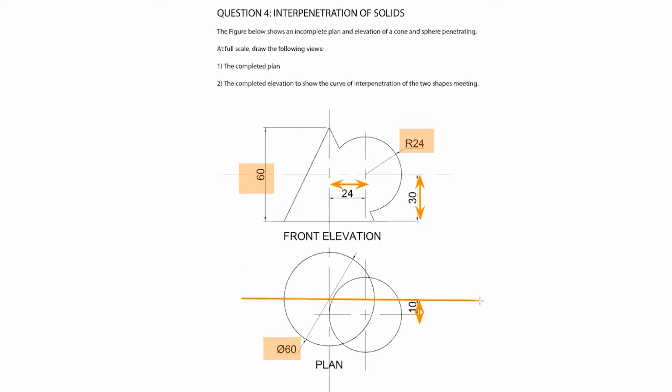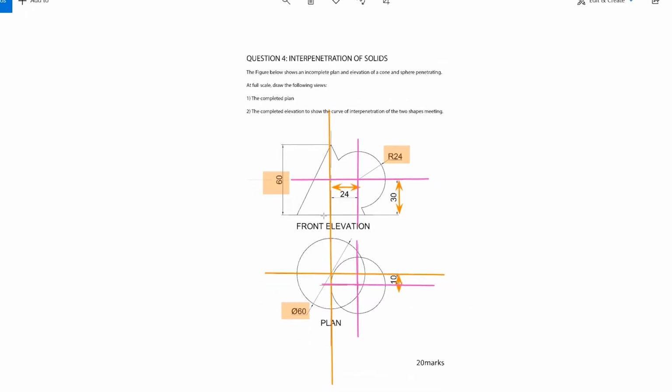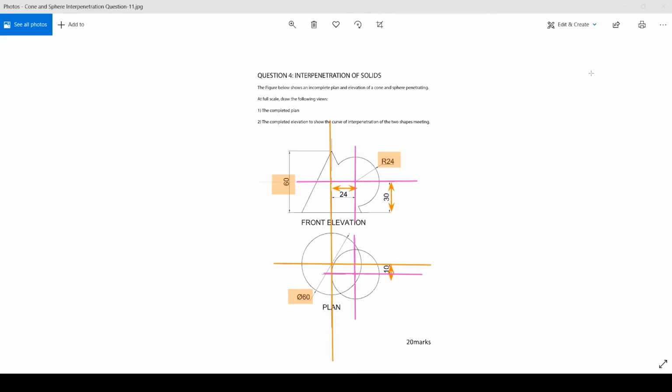If we look at this here being the center line for the whole thing, and this here being the axis, the center for our smaller circle, that is here, and that is there. All right. So that's the information that is required to get this drawn. Let me just clear this, and I think we can go into AutoCAD and start this.